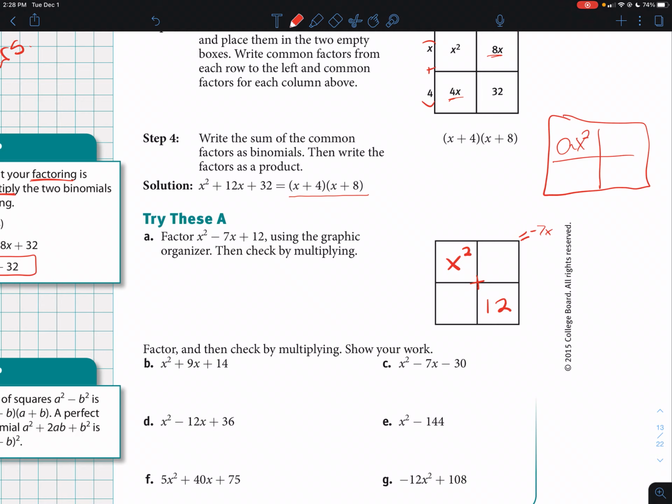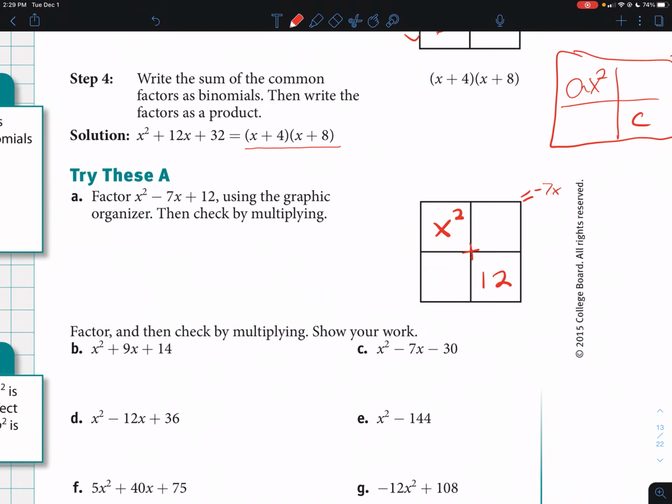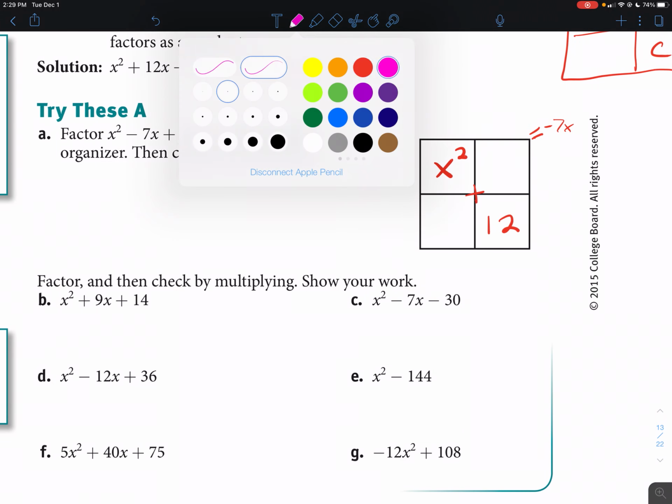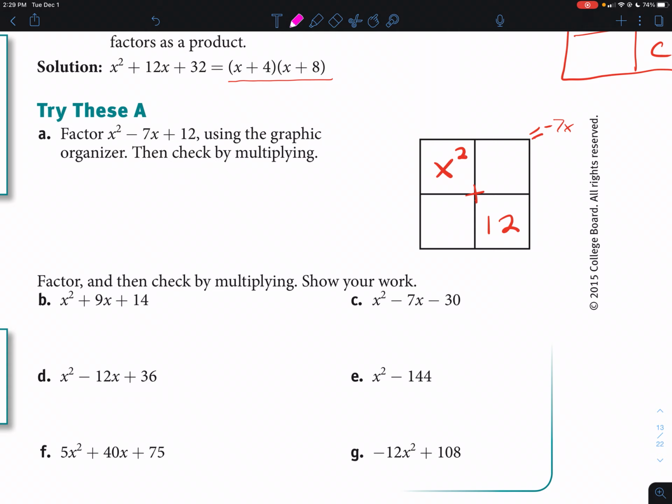The quadratic term, the constant term, and these two add up to the linear term. And so we need two numbers that multiply to give us 12, and I do it like this, A, C, B, and make a chart. ACB chart is what I call it. And then our A is 1, our B is -7, and our C is 12.